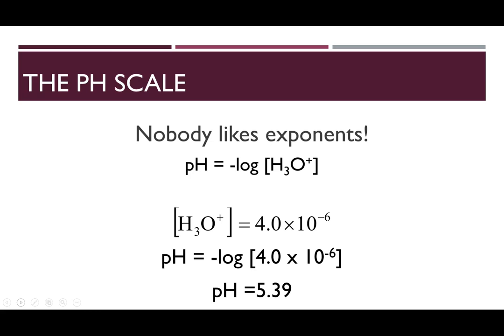So if we can solve for the hydronium concentration, then we can quickly use this equation and solve for pH. And we'll be able to go back and forth in just a minute. Okay. So pH is 5.39. Very clearly and quickly, that is an acidic solution.